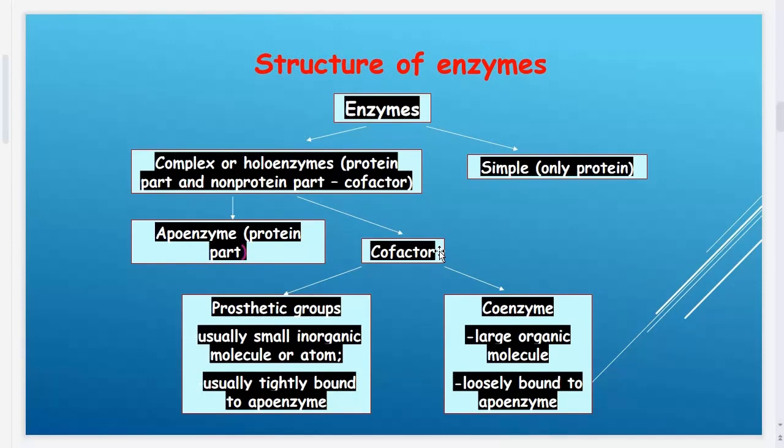A prosthetic group is firmly bound to the enzyme protein. For example, FAD in succinate dehydrogenase is a prosthetic group that is firmly associated with the protein counterpart.